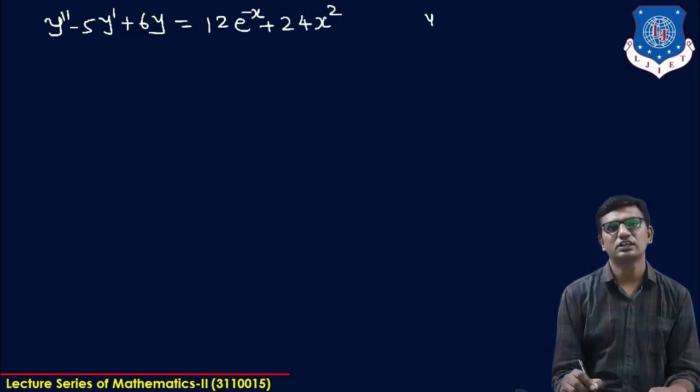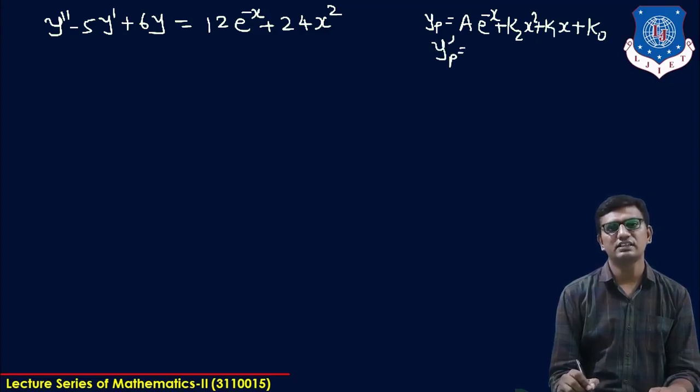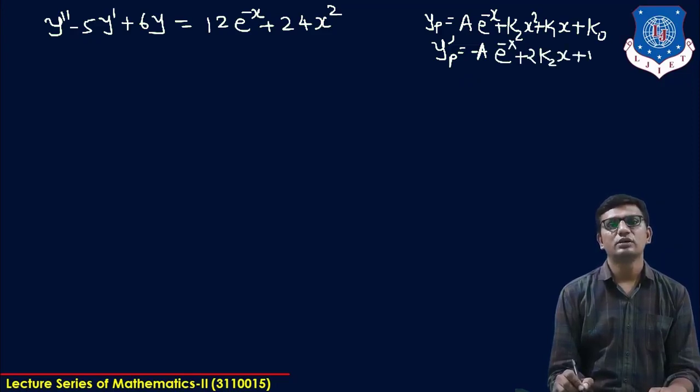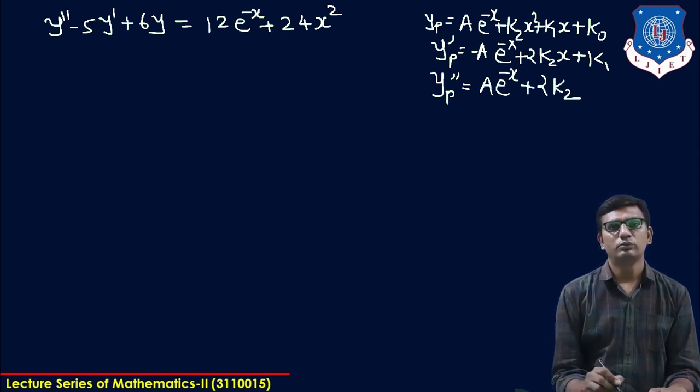This is our differential equation and the choice of yp is a e raised to minus x plus k2x square plus k1x plus k0, which was already done in the first slide. yp dash is equal to minus a e raised to minus x plus 2k2x plus k1, and yp double dash is equal to a e raised to minus x plus 2k2. Now put these values in our differential equation.